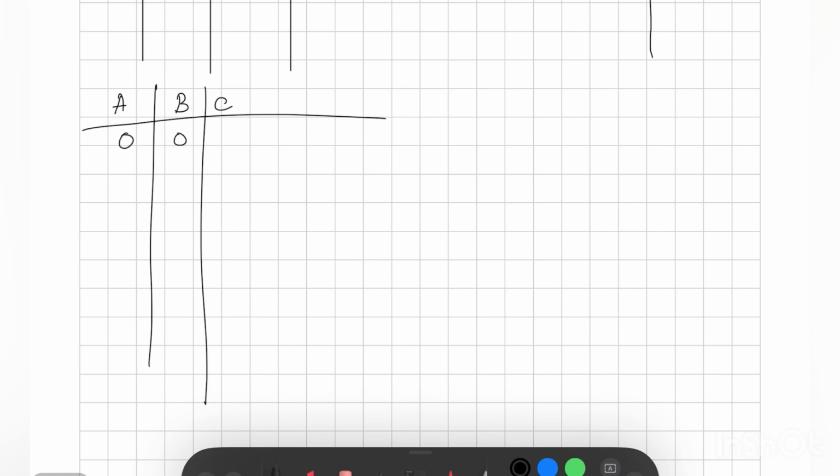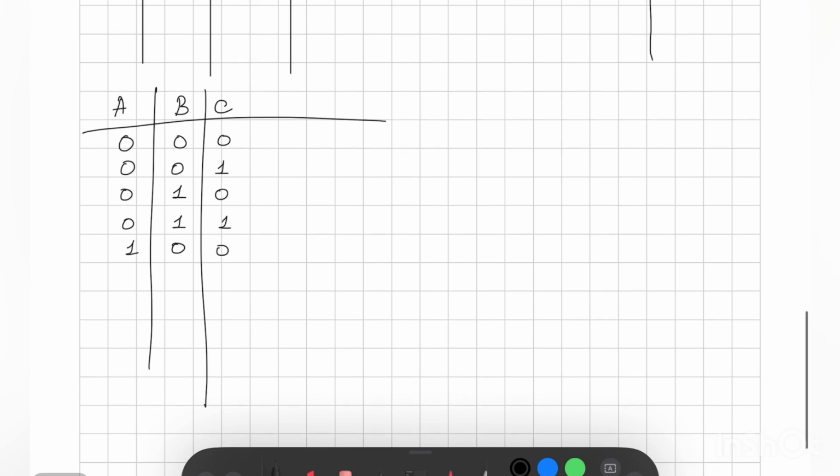First of all, we will start with zeros. Then I will add 1. 0, 1, 0, 0, 1, 1. It will go to 1, 0, 0, 1, 0, 1, 1, 1, 0, 1, 1, 1.